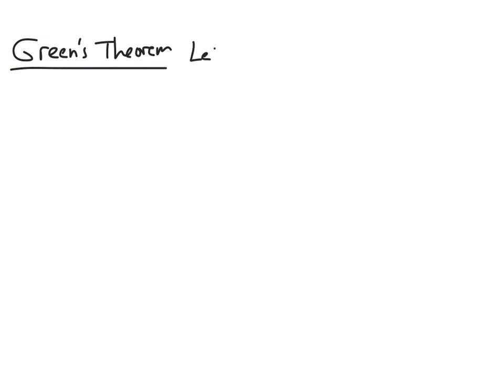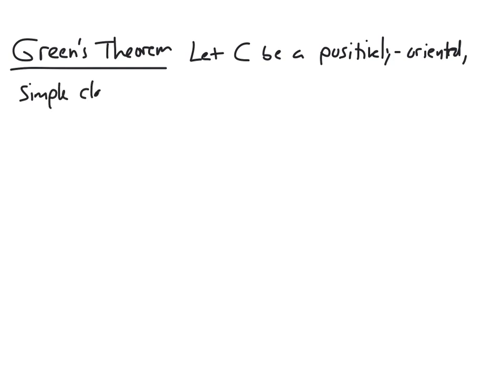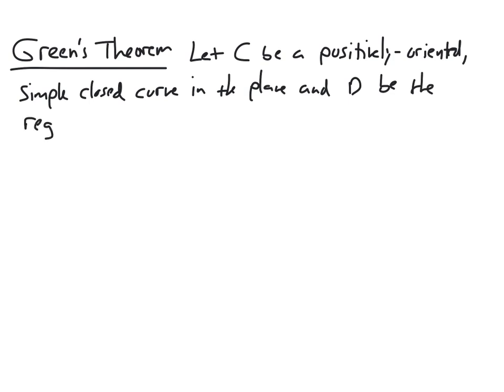We need to let C be a positively oriented simple closed curve in the plane, and D is going to be the region bounded by C. So this is exactly what we were just looking at before.